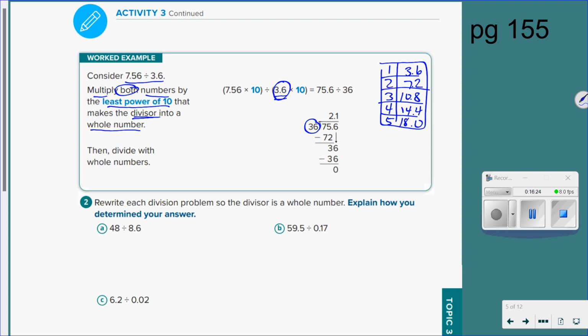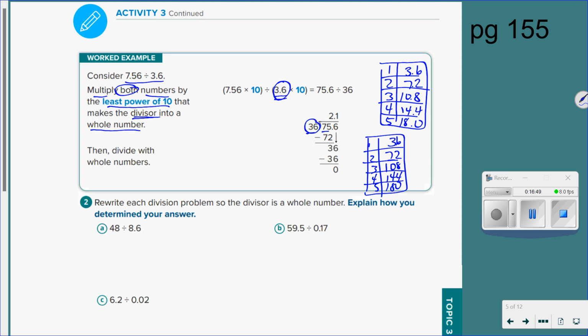But if I use a whole number, 36, watch what happens. I can still build my chart, right? Easily, 1, 2, 3, 4, 5. But now I'm just using 36. 36 and 36 is 72, 108, 144, 180. Now it makes sense, because if I have 75, it's easy to take 72 away from it, right?